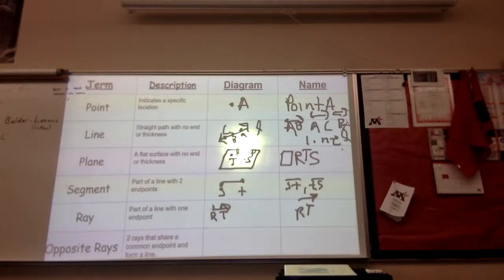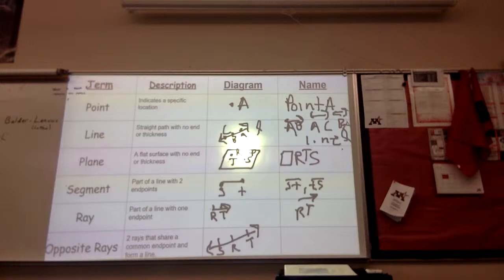So opposite rays are 2 rays that share a common endpoint and form a line. Let's make a line here. On this line, it's going to have 3 points. I'm going to use the same RT, but I'm going to include an S this time. For them to be opposite rays, they have to be on the same line, but opposite of each other.